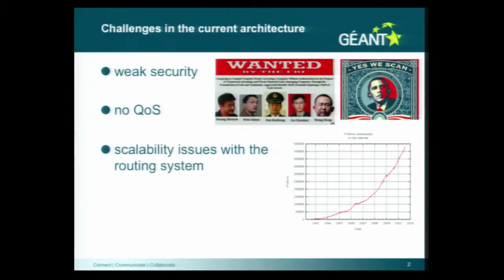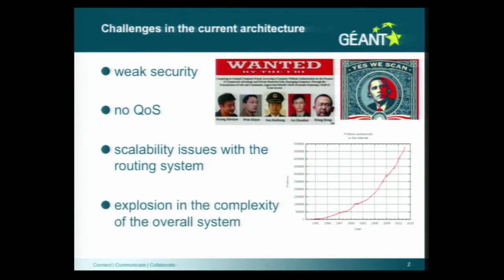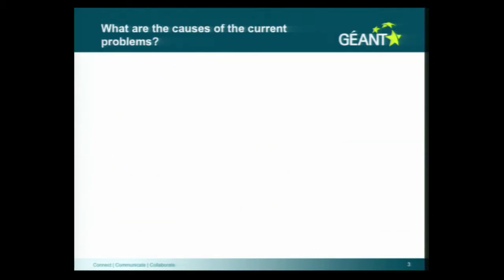There are scalability issues in the routing system: the number of prefixes that are advertised over the internet is growing exponentially. And the overall system is getting more and more complex, adding more and more middle boxes for firewalls, for carrier-grade NAT, for IP offloading, whatever. There's a lot of functionality added to the current internet that was really not in its original design.